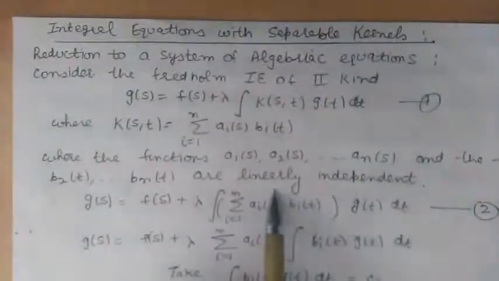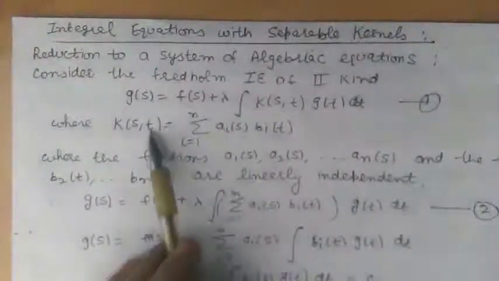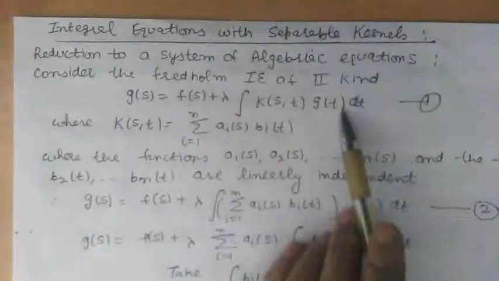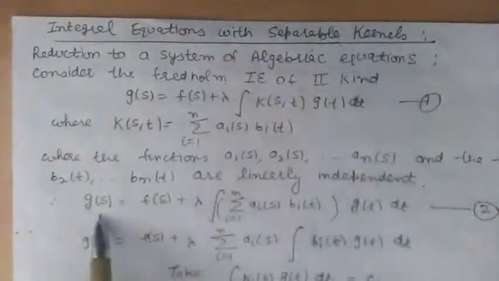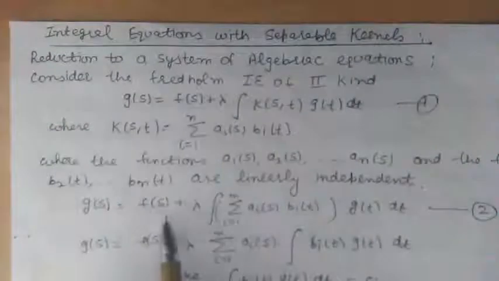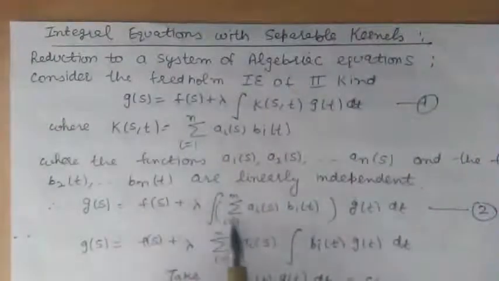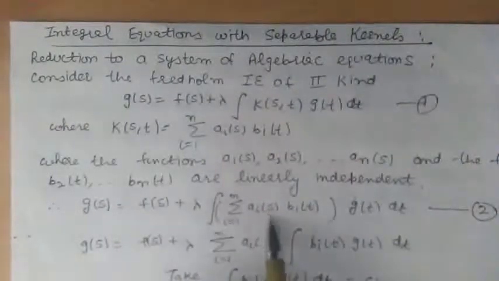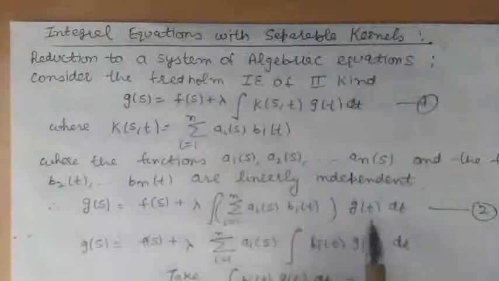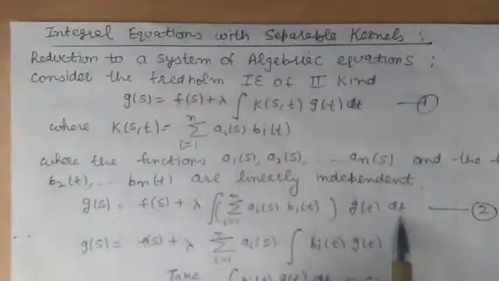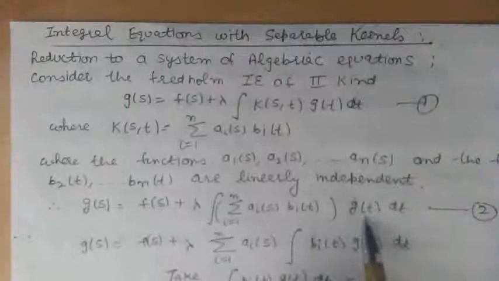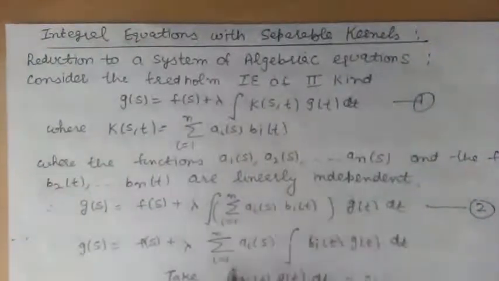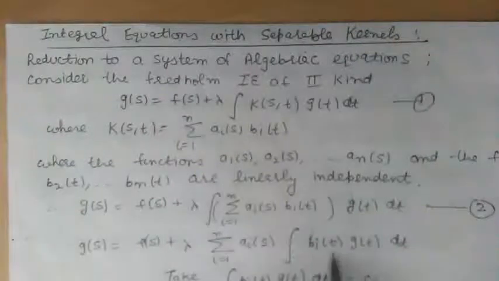Now substituting the value of the kernel in the given integral equation, the integral equation becomes g(s) = f(s) + lambda integral summation ai(s) bi(t) g(t) dt. Now from this equation we can take the terms with s outside of the integral, so that in the integral we are left with the terms in t only.